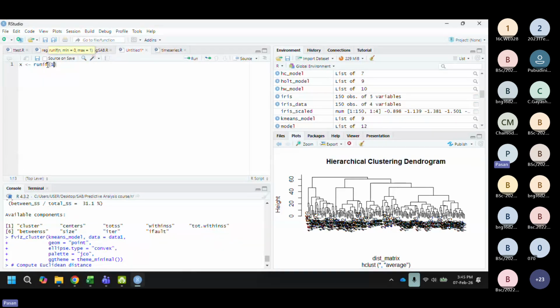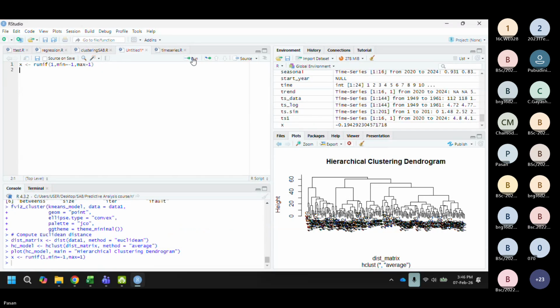So I will first generate one random number. So I will generate it like that. Yeah, so I can generate it as X like that.